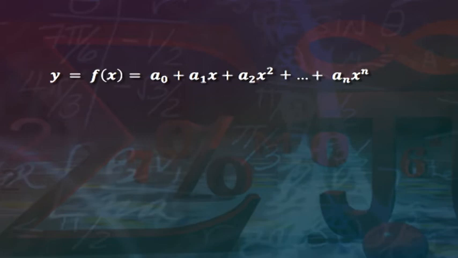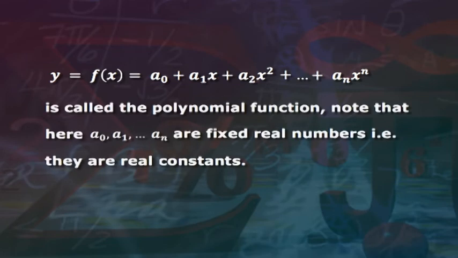Polynomial function. The function of the type y = f(x) = a0 + a1 x + a2 x square, and so on up to an x raised to n, is called a polynomial function.